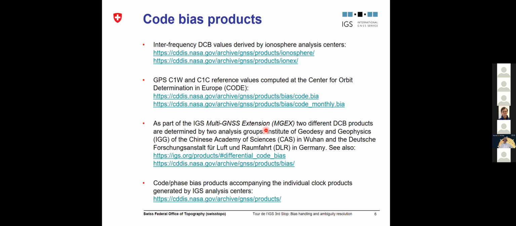An important contribution comes from the IGS multi-GNSS extension, MGEX, where 2 analysis groups provide differential code biases for all constellations. And finally, a different product group is the code phase bias products accompanying the individual clock products generated by each individual analysis center, so in the product folder.